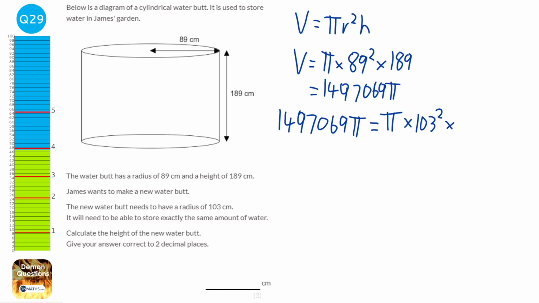And we're trying to work out what the height is. Okay, so first thing we can do actually is just cross off the pi's from both sides. Actually, we don't really need them at all. And then we can get our solving lines in, and we can divide both sides by the 103 squared.